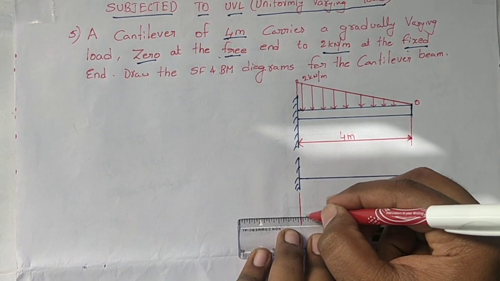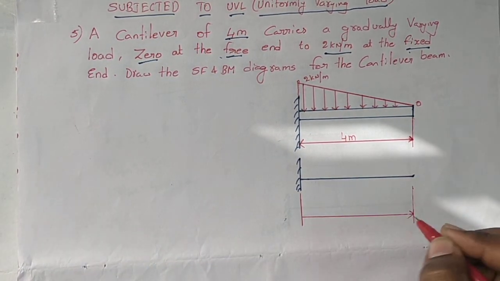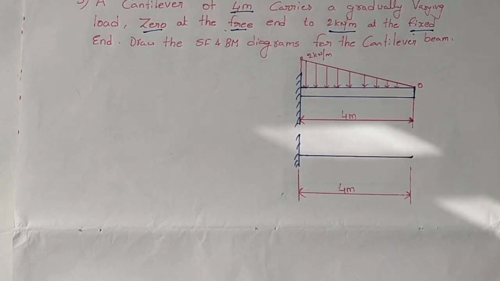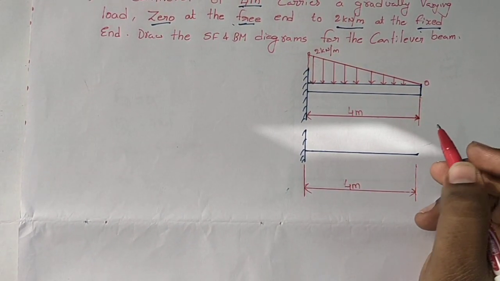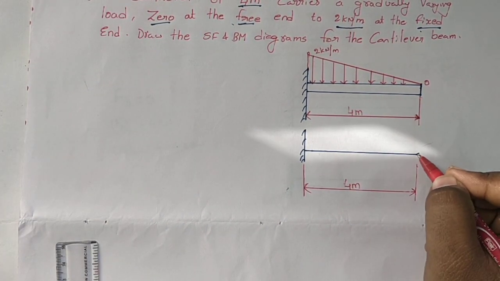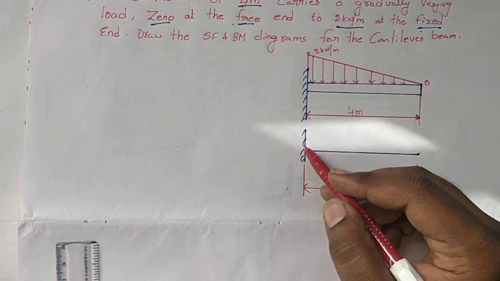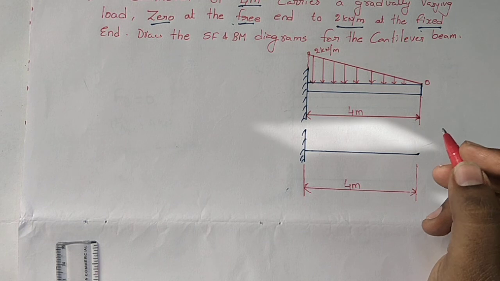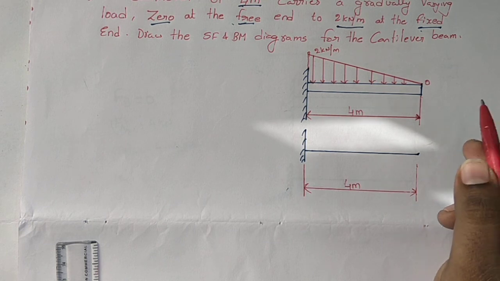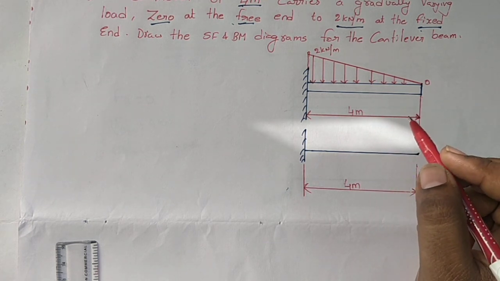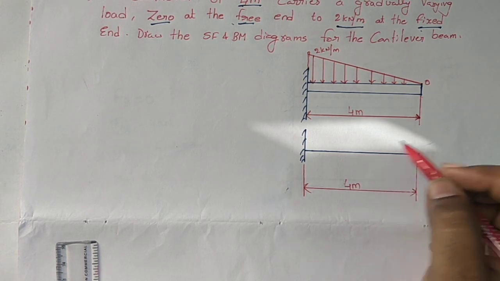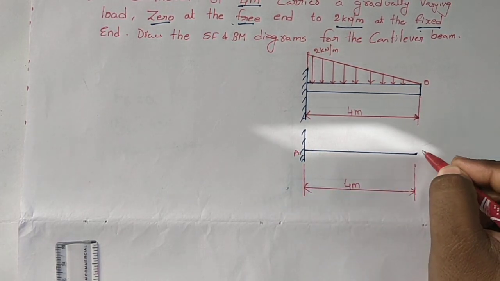Here the load acts as 0 at the free end and 2 kilonewton per meter at the fixed end. In previous UDL we converted from UDL to point load. In that case the converted load acts at the midpoint of AB. It is A and it is B.